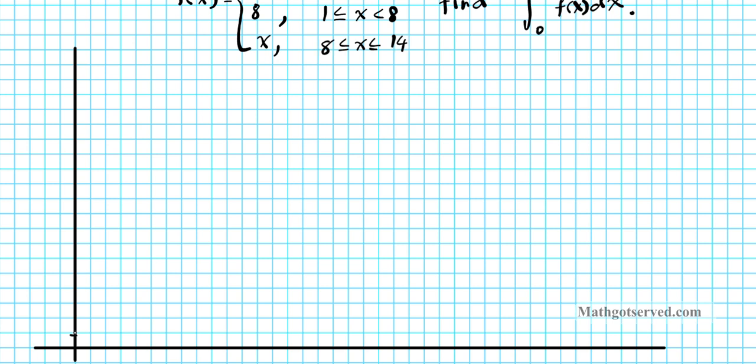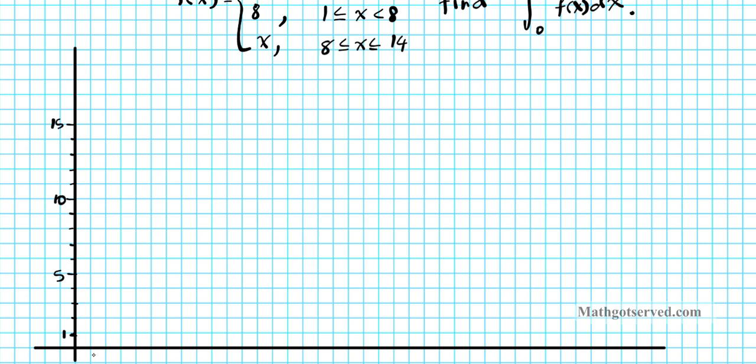So this is 1, 2, 3, 4, 5, 6, 7, 8, 9, 10, 11, 12, 13, 14, and this is 15.